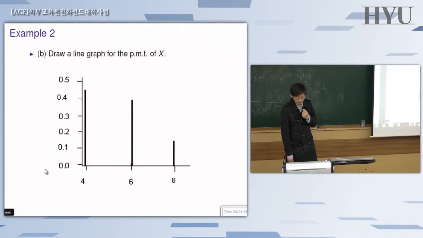Raise the height of the bar up to the level of probability, and those 3 different bars for those 3 different values that can be taken by x carry the exact same information as the previous table. It's just a different form, a graph. Will this be on the exam? Of course not. It's way too simple.